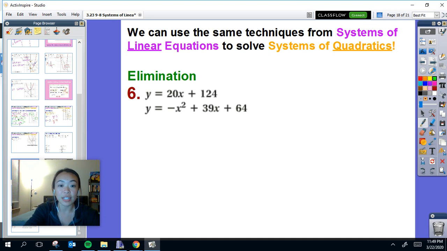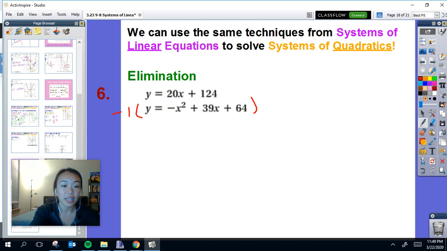All right, so elimination. Remember, we want everything to be lined up so that we can cancel something. So the y's are lined up, the x's are lined up, the constants are lined up, and there's no exponent for both of them. But the easiest thing for me to cancel out here is the y's. All I have to do is multiply one of them by a negative 1.